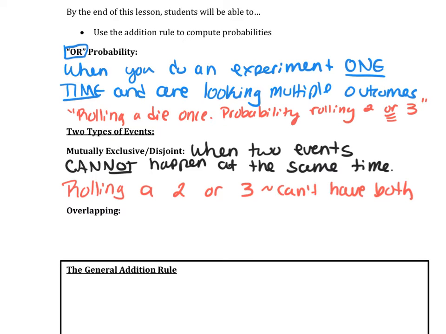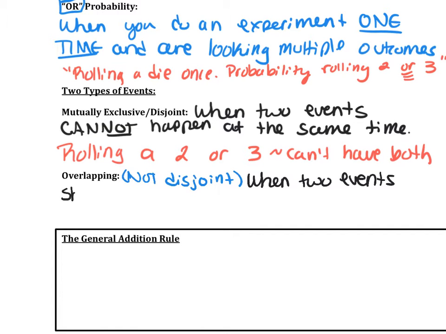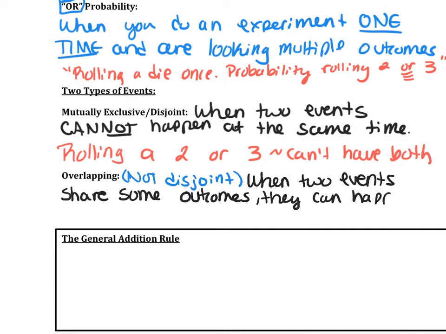Okay, then we have overlapping events, or sometimes called just not disjoint. Everything in probability has multiple names, so it's fun. Overlapping or not disjoint events just means it is possible for those two events to happen at the same time, when two events share some outcomes.